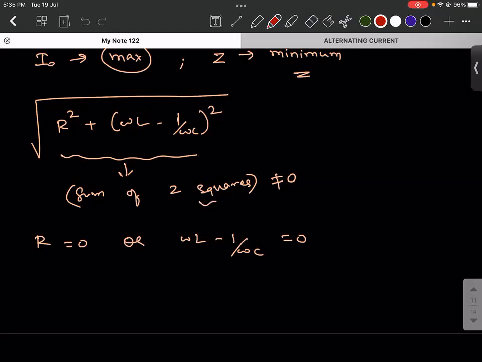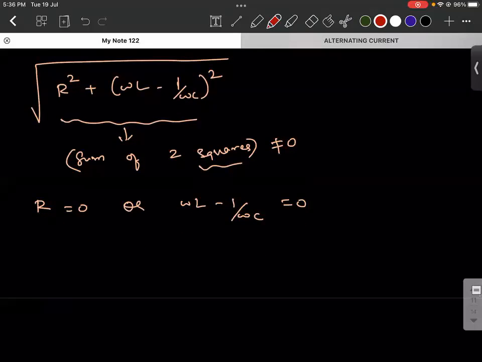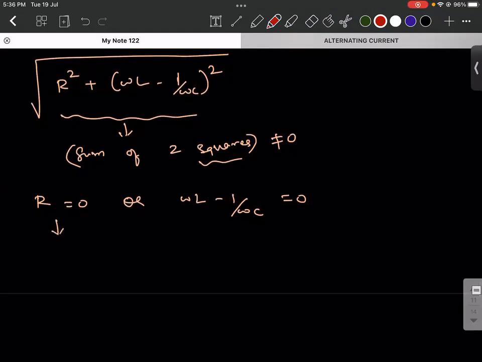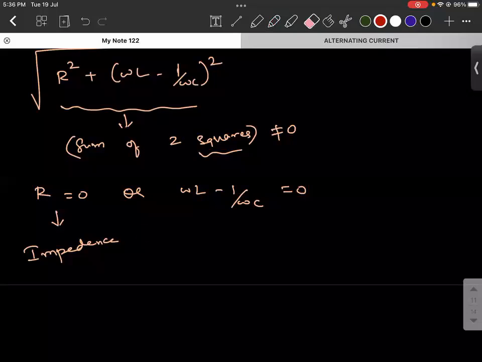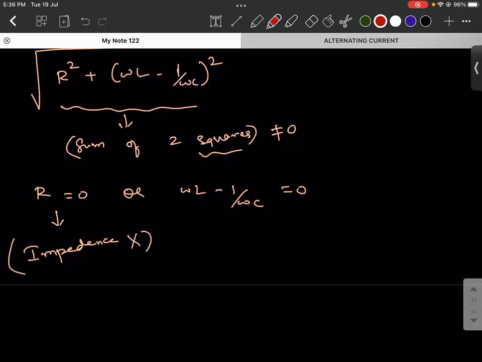Because I told you it is a sum of two squares which cannot obviously be equal to 0. So either R could have been 0 or the expression omega L minus 1 by omega C could have been 0. But if R is 0, then there is no concept of impedance at all.